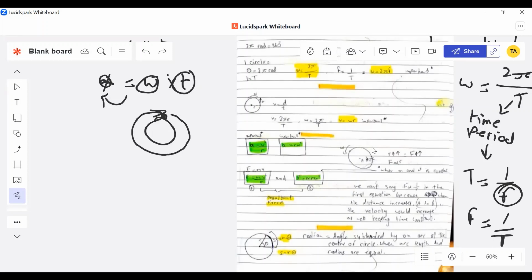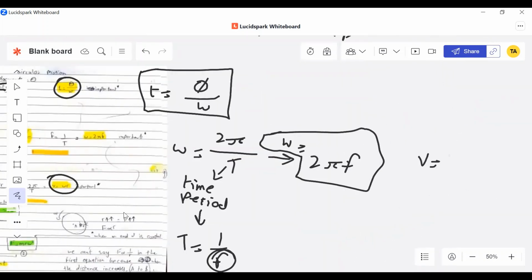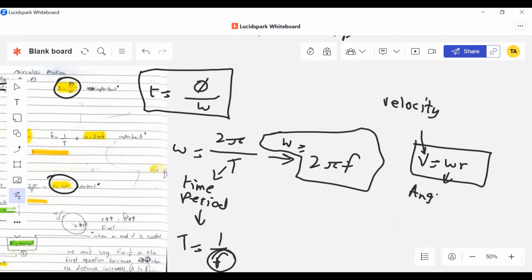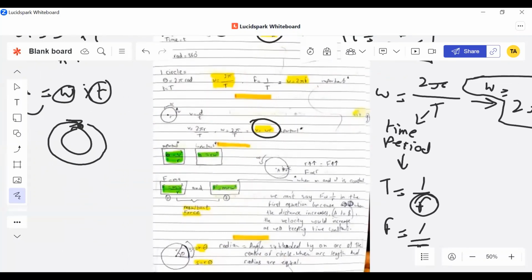So distance is 2 pi r, and time period is capital T. And I also know that omega is 2 pi over T. So from this, I get this equation, which states that V is omega r, where V is velocity, omega is angular velocity, and r is the radius of the circle.